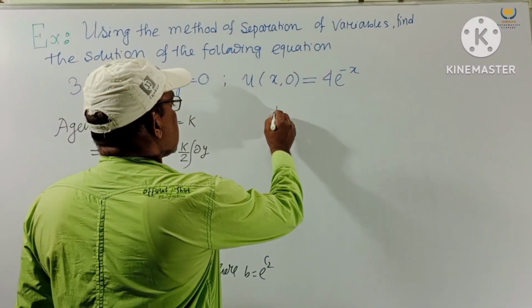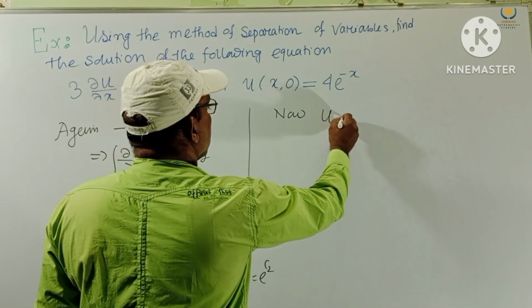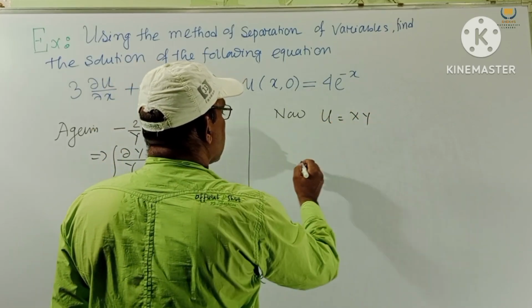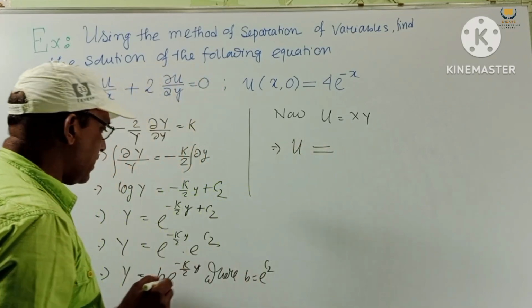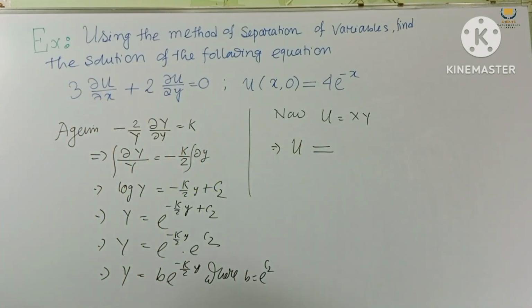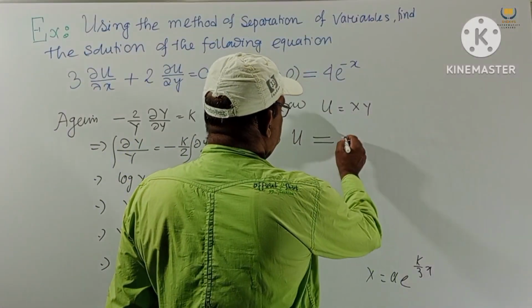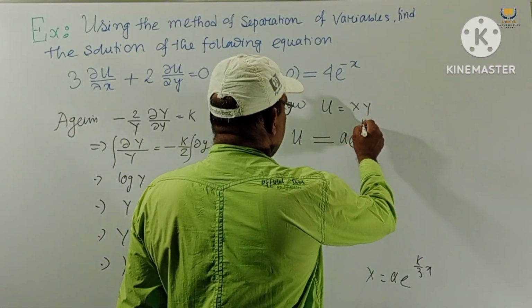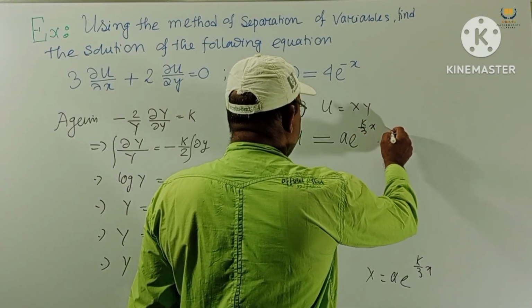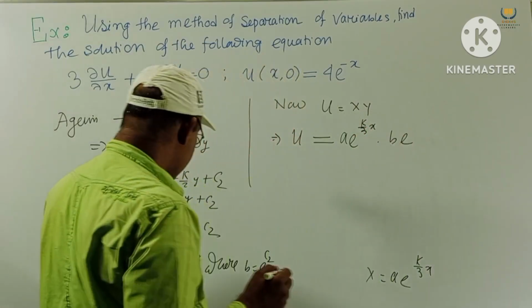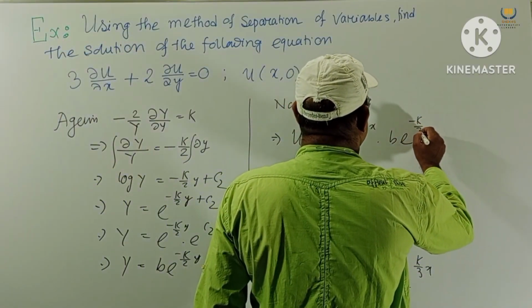Now one implies u equal to XY. So u equal to XY. So the value of X is a e to the power k by 3 x, and Y means b e to the power minus k by 2 y.